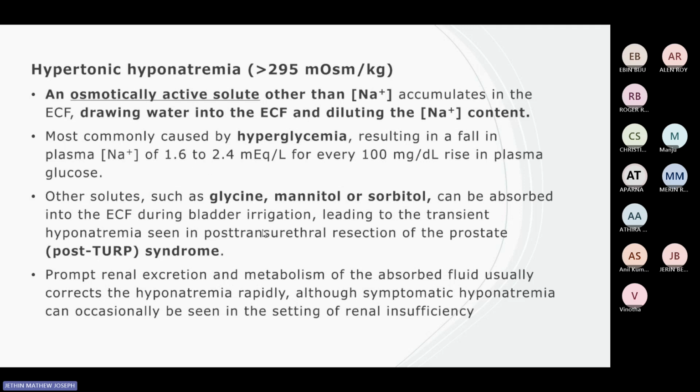One such example is post-TURP syndrome. Post transurethral resection of the prostate, during bladder irrigation, certain solutes such as glycine, mannitol or sorbitol can get absorbed into the bloodstream. And this can also draw water into the ECF and dilute the sodium content further.